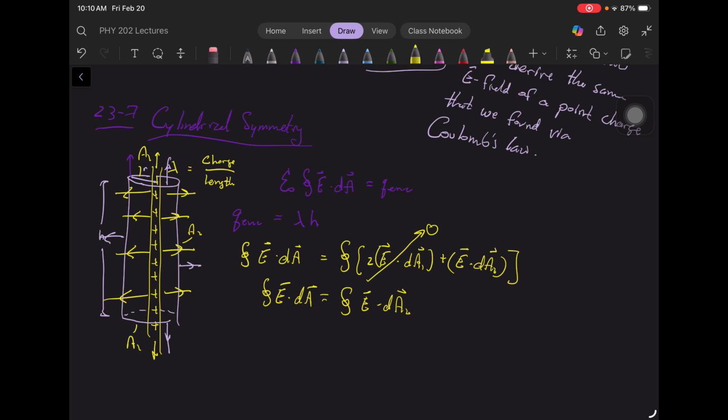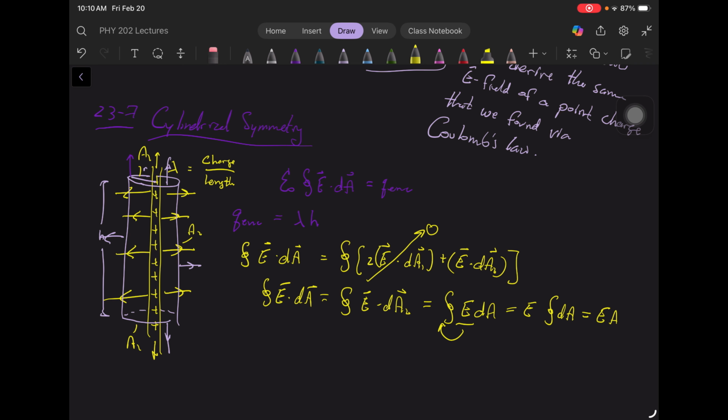Okay. And then we can also say, since these are going to be parallel, we have this. Since we're at a constant distance away from the charge distribution, E is going to be a constant. We pull that out. And the integral of just dA gives us EA.